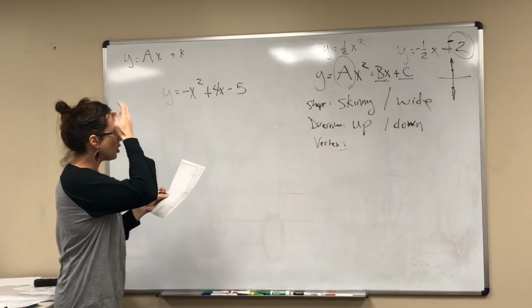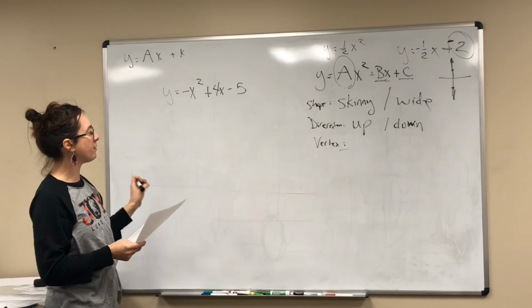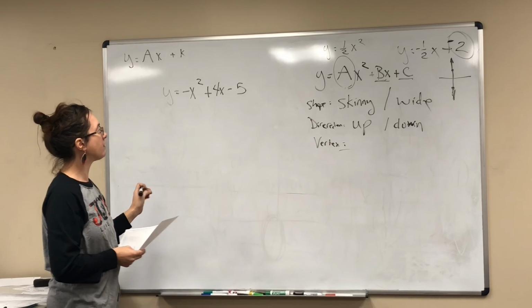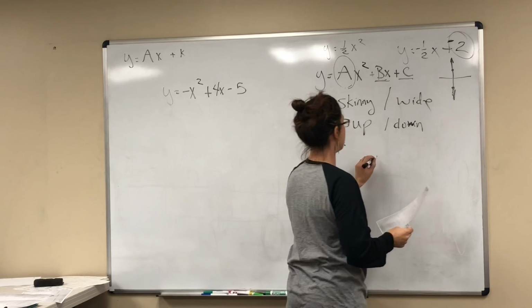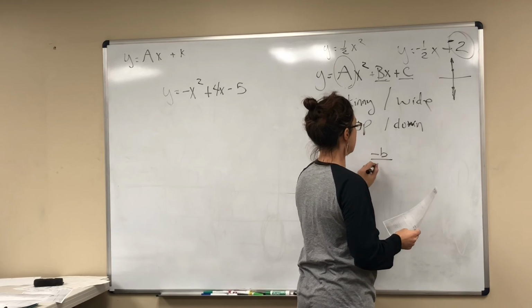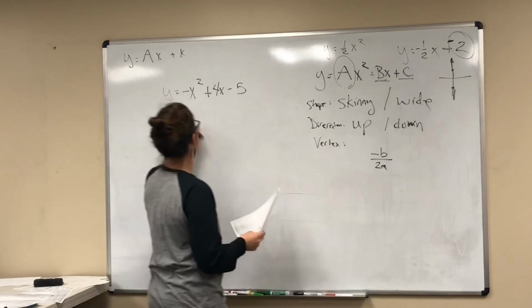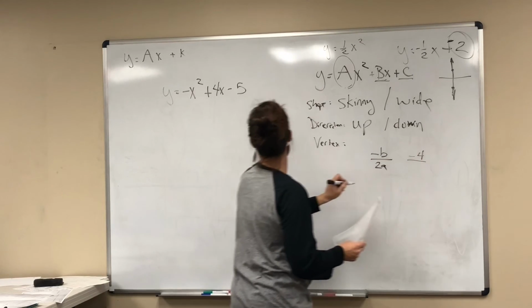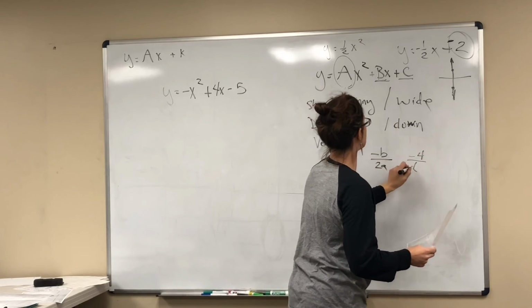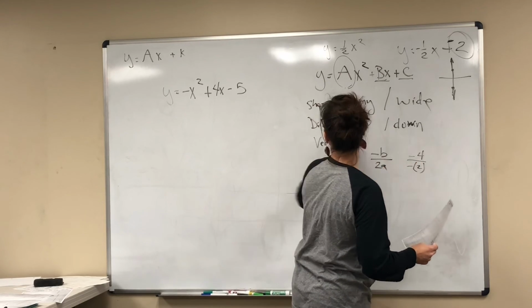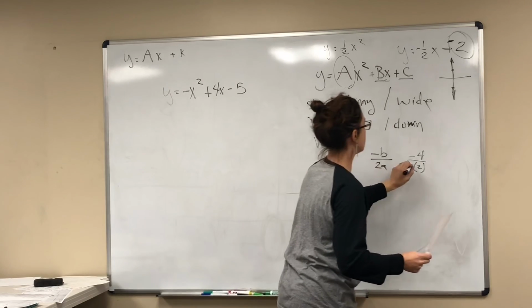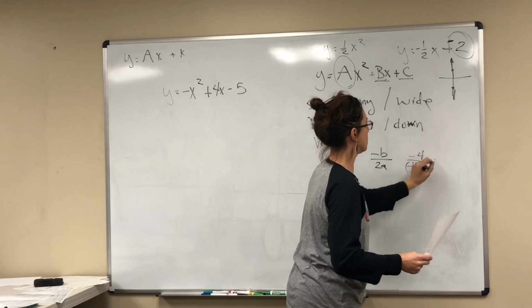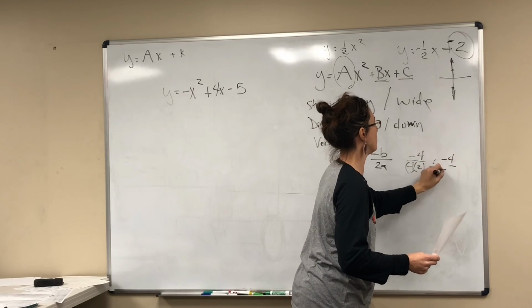Okay, so let's use our shortcut version first to find our vertex. What is our shortcut version? Negative b over 2a. So our shortcut version says negative 4 over 2 times negative 1, so negative 4 over negative 2.